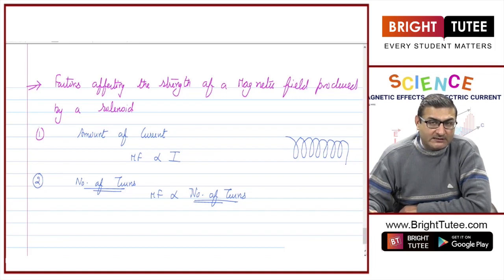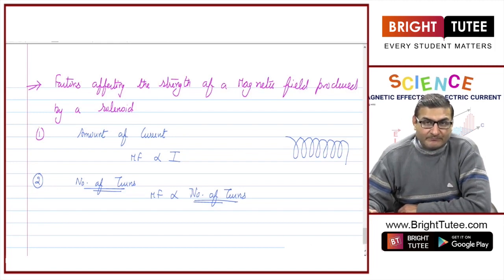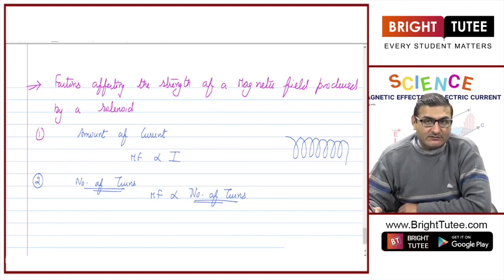So the more is the number of turns in the coil of a solenoid, the stronger magnetic field will be produced. Because these turns, as the number increases, they get closer to each other, and in the same wire, if we increase the number of turns and make them closer to each other, then of course the magnetic field lines produced will be closer, and hence stronger will be the magnetic field.